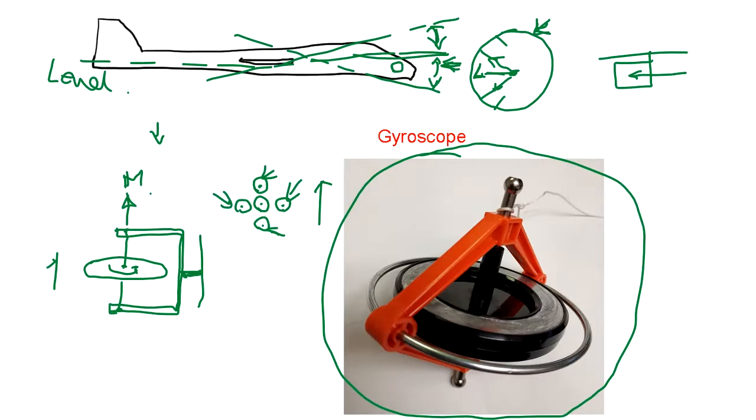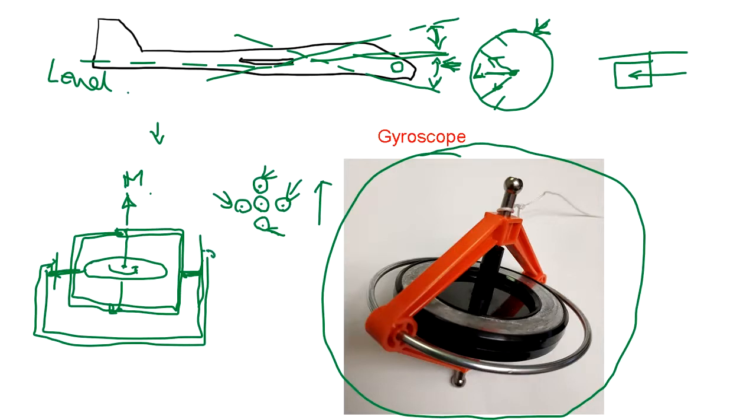So in order to have right-left banking, this also has to be fixed by another frame. So it gives a freedom of movement. Actually, the frame has freedom of movement in two directions.